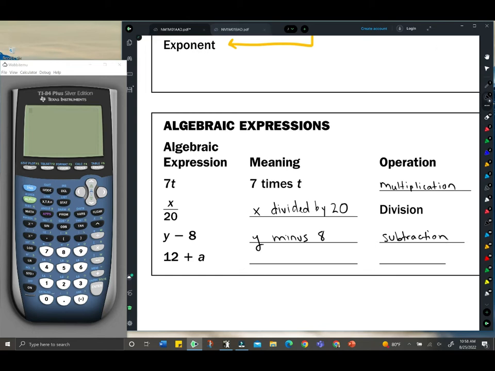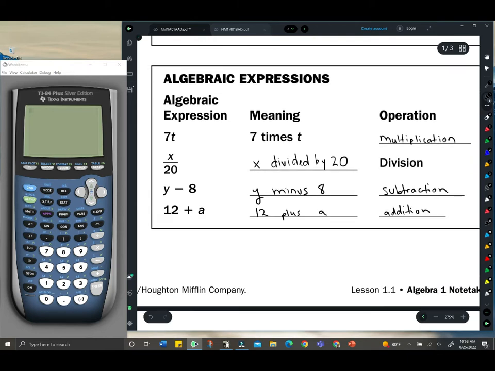And then we have 12 plus a, which is addition. So get used to those different types of terms.